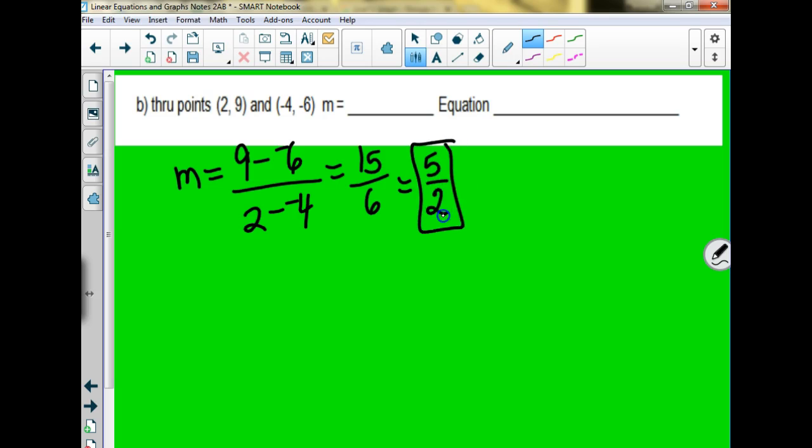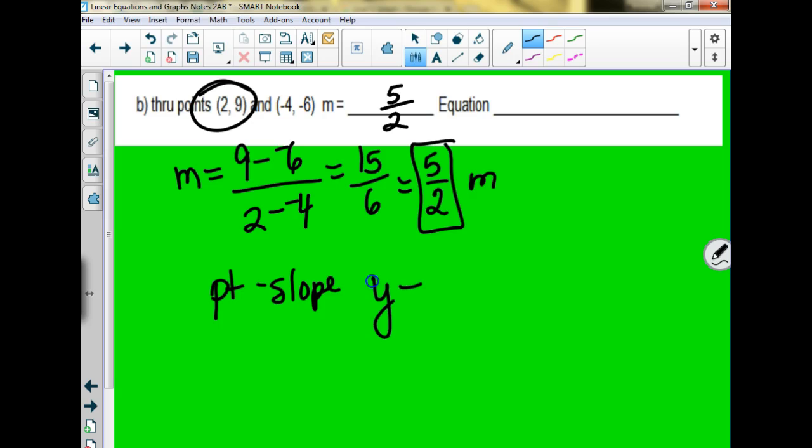Now what do you want to do? We found that. How do we find an equation? We need to pick one of these points and use point slope, okay? You want to do 2, 9 because it doesn't have any negatives. Okay? So, and this is our slope.